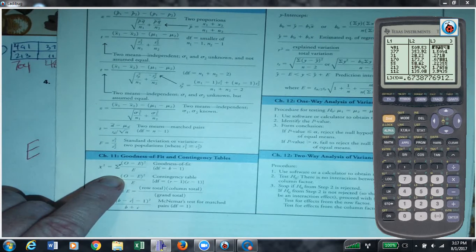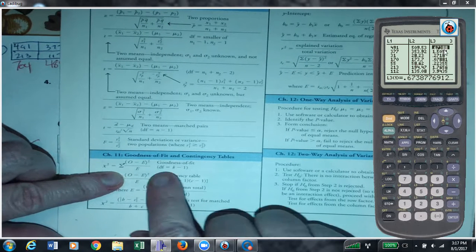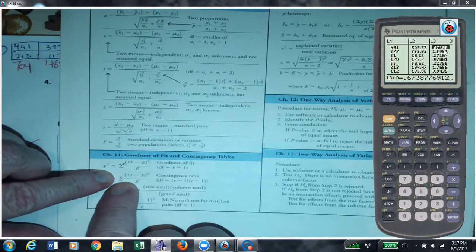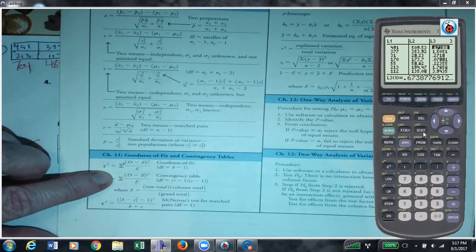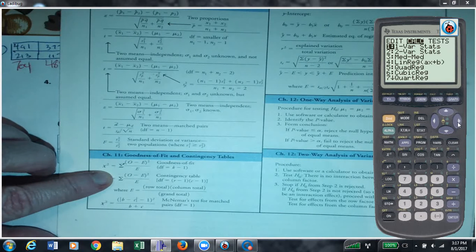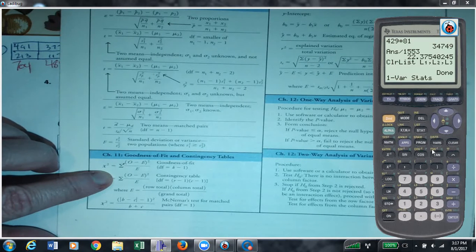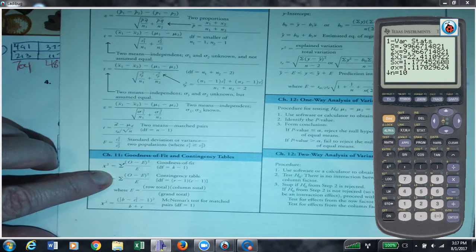That will generate list 3. Now, the chi-squared test statistic will be the sum of everything in list 3. So I want to do statistics, calc, 1 var stats on list 3, and I want the summation of the individual things in list 3, which it's calling X. So this is my test statistic, not the X squared.